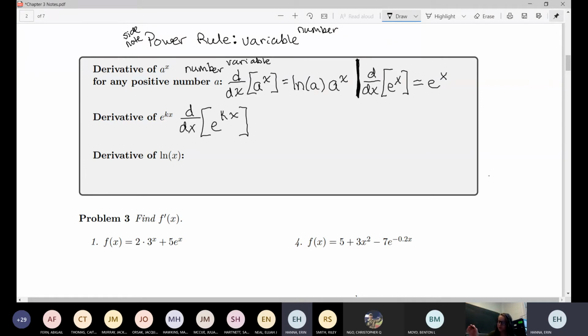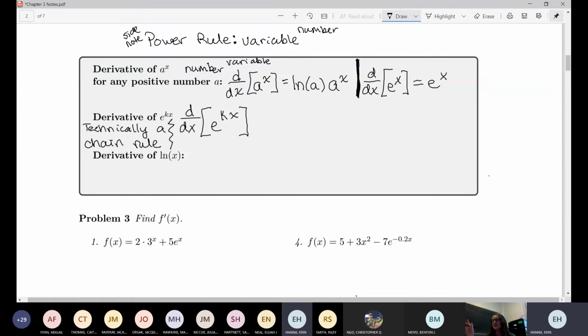Now I want to be really careful here. Why your book presents this rule at this moment in time, I don't know. So I'm going to write off to the side: technically, a chain rule. Now you don't know what chain rule is yet. Well, some of you might, but we don't know what chain rule is yet. And I'm going to stress it a ton when we get there.